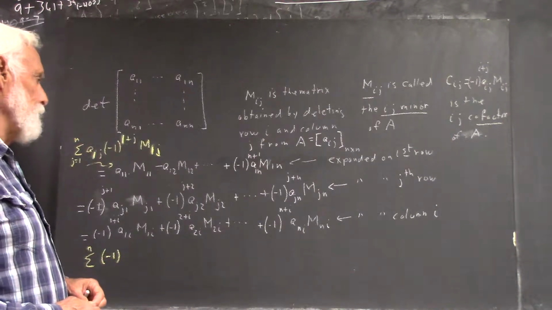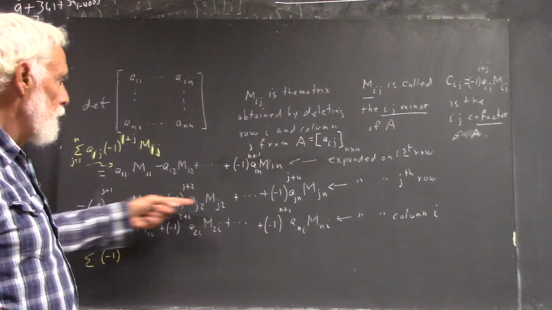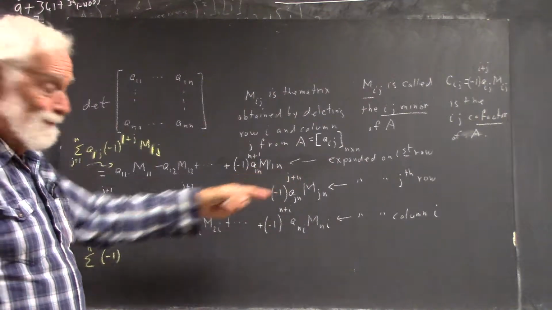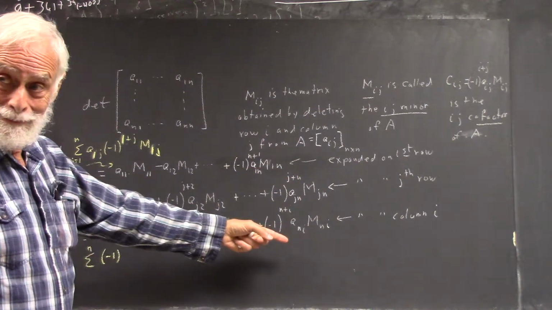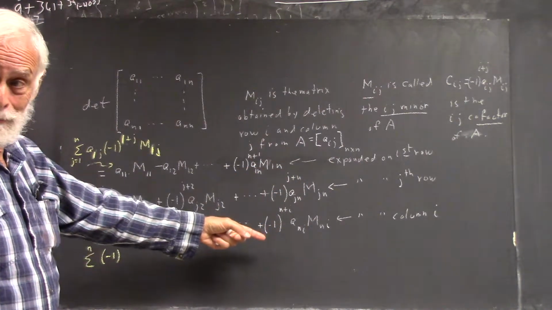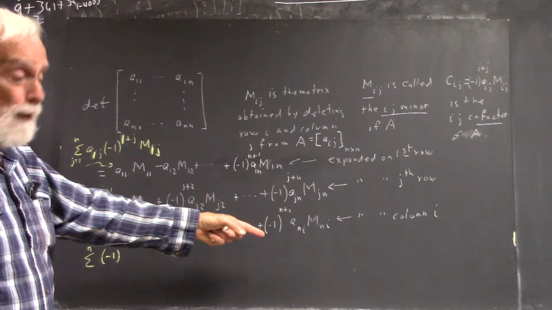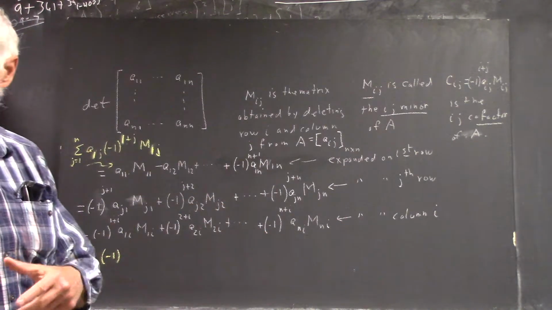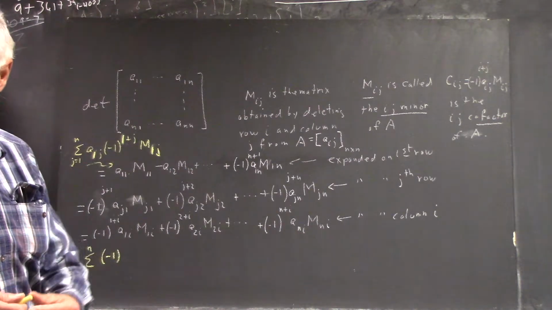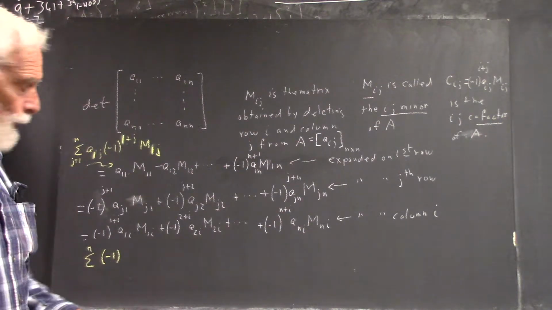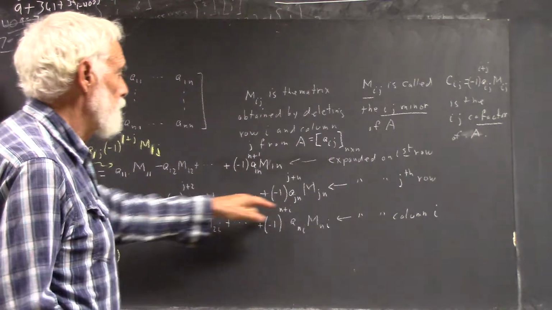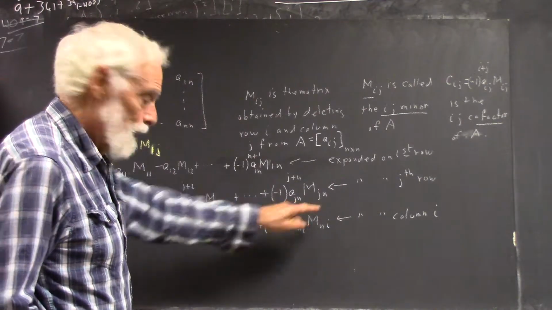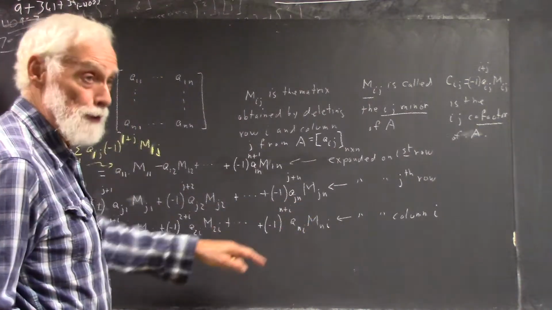To be consistent with the usual notation, these should have been I's, and these should have been J's. Okay? To be fair, a variable is a variable, but I and J are usually the first and second subscripts. So I probably want to change all these J's to I's, and all these I's to J's.